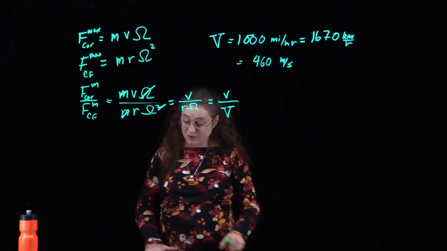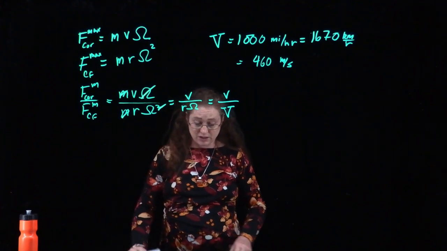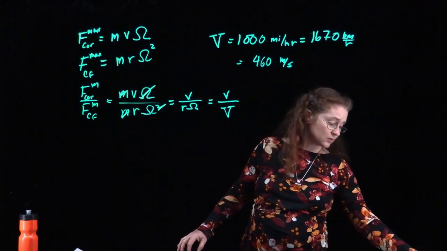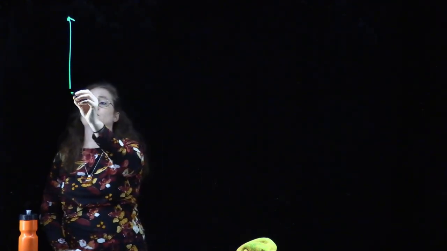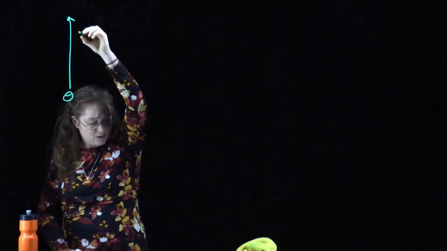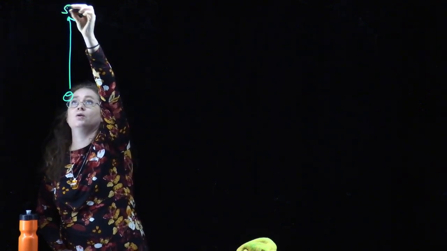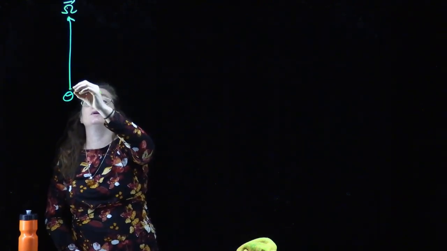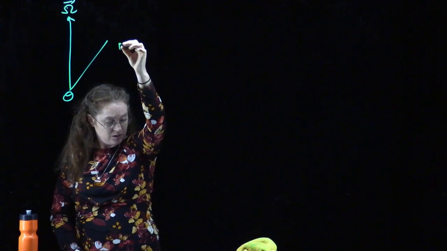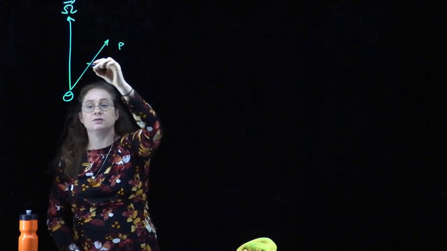So here, if we want to talk about the centrifugal force explicitly, here we have the origin. This is Ω, our rotation. We have some point, P, that we are looking at.